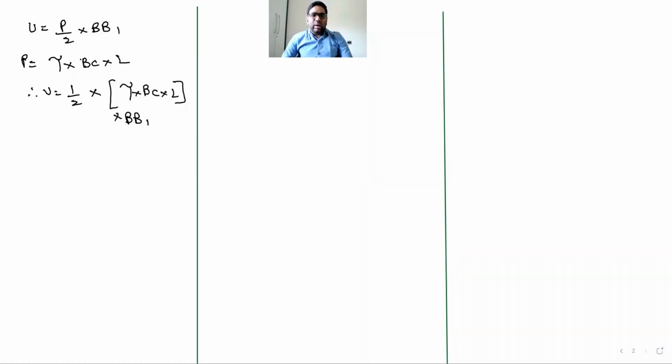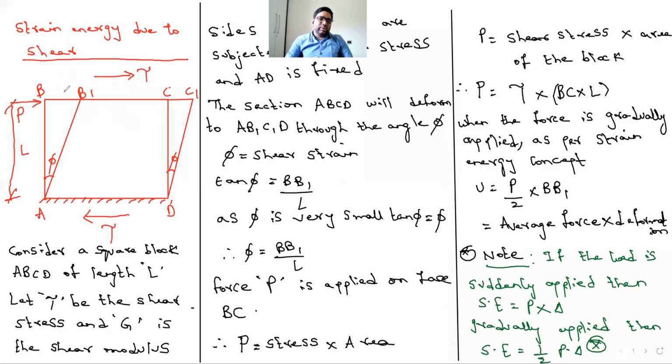Okay. Now what is BB1? I can show it to you here. See, all of you, this is the change in the length. BB1 is the change in the length, this specific part. So how do we get this value? We know the strain and we know the length.